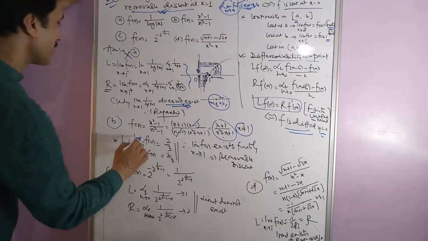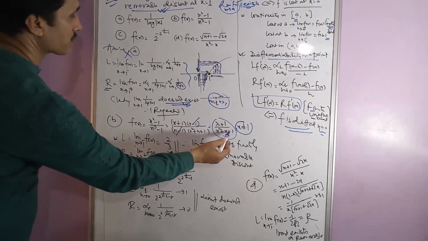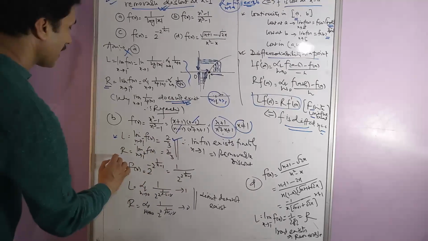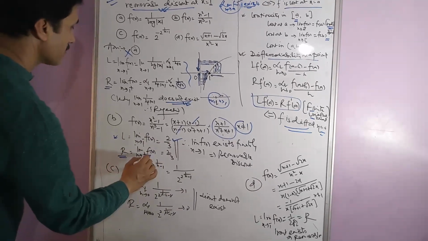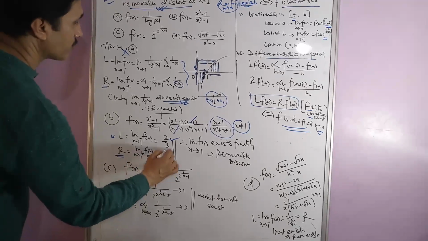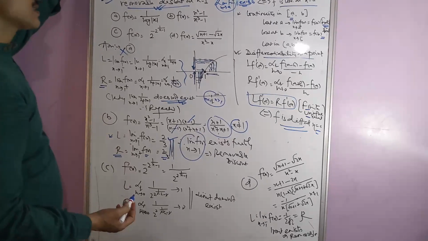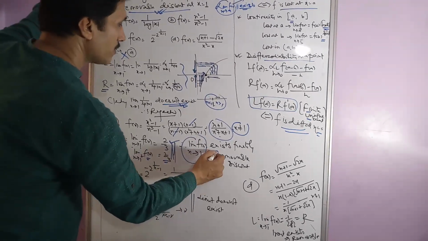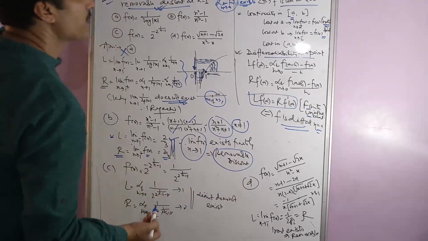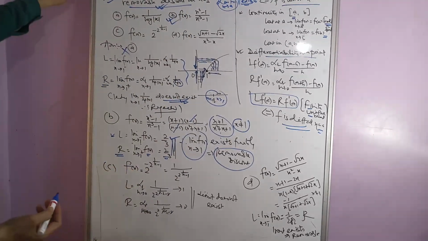So the left hand limit as x tends to 1 minus is (1 plus 1) over (1 plus 1 plus 1), that is 2 by 3, and the right hand limit as x tends to 1 from the right is again 2 by 3. Here the limit of f(x) as x tends to 1 exists finitely, so this is the case of removable discontinuity. Here B is the solution.